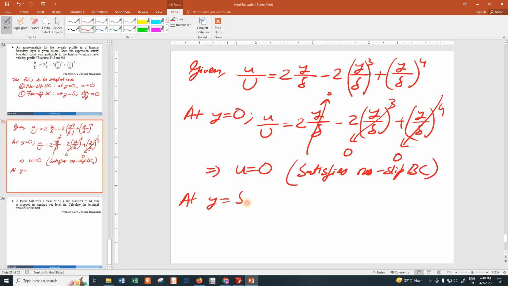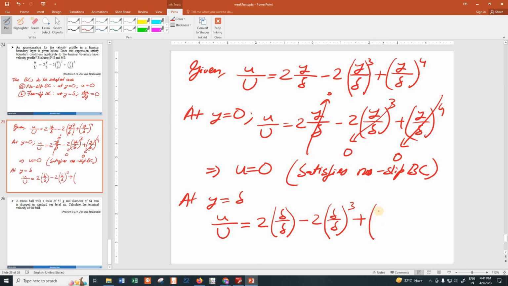Now at y is equal to delta, this will become delta by delta minus 2 delta by delta, plus delta by delta to the power 4, which is 1. So this implies u is equal to U.